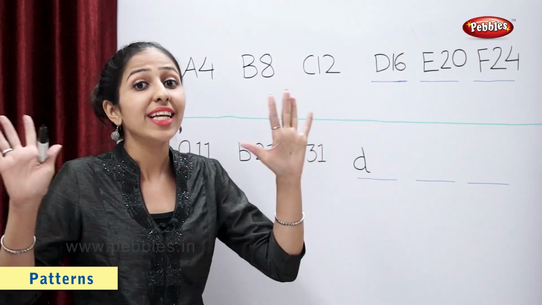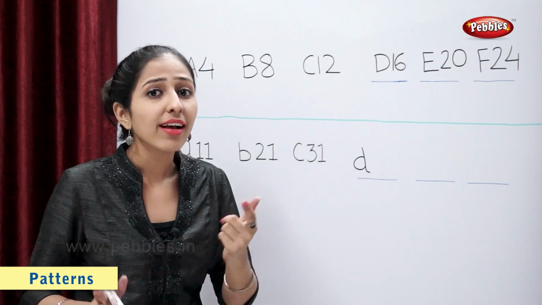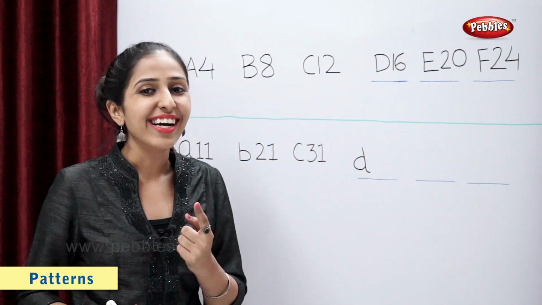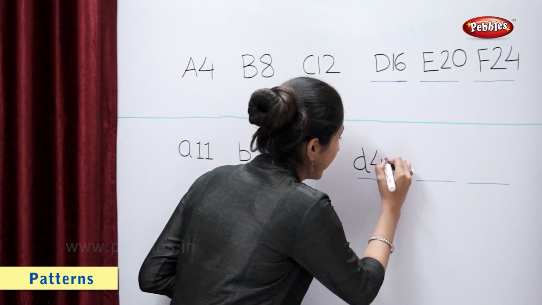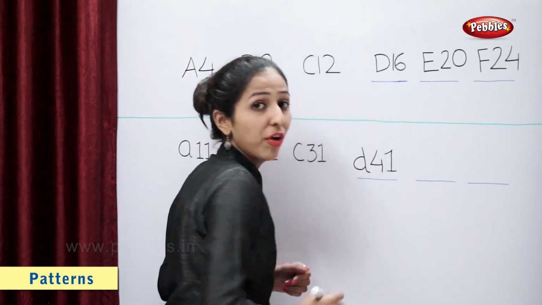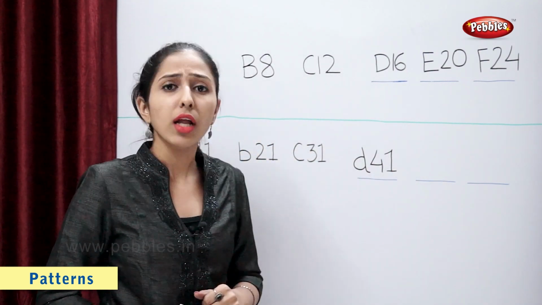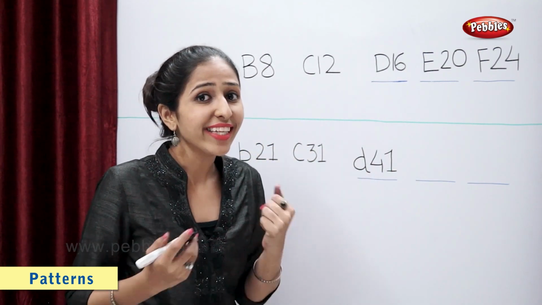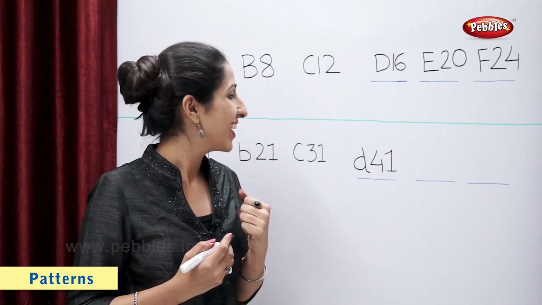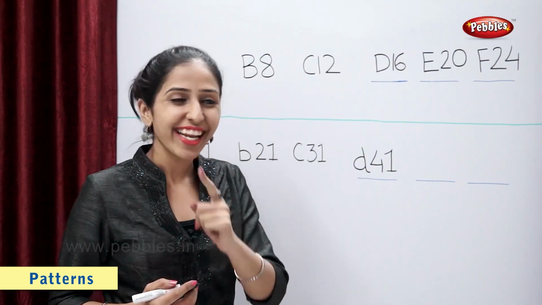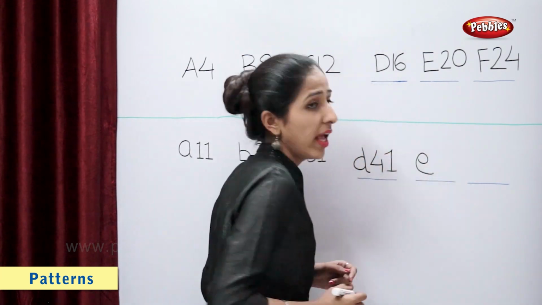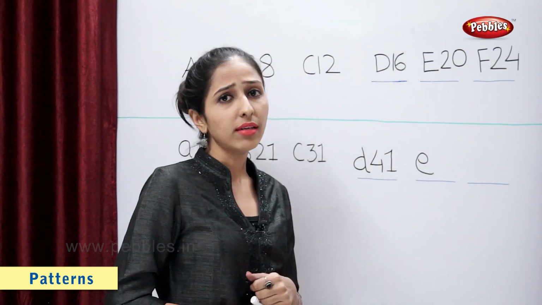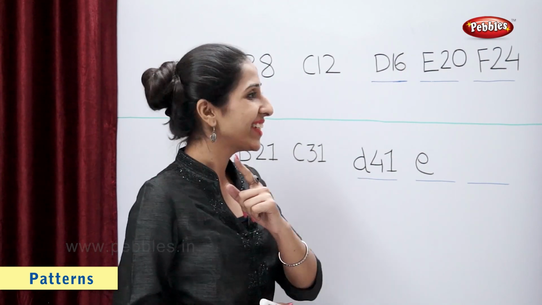31 plus 10. Count. Correct. Number 41. Very good, students. Now tell me, which is the next letter in the series? Correct. Letter E. And which is the next number? Correct.